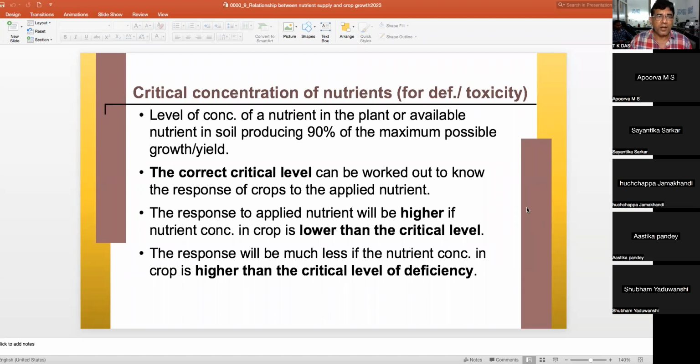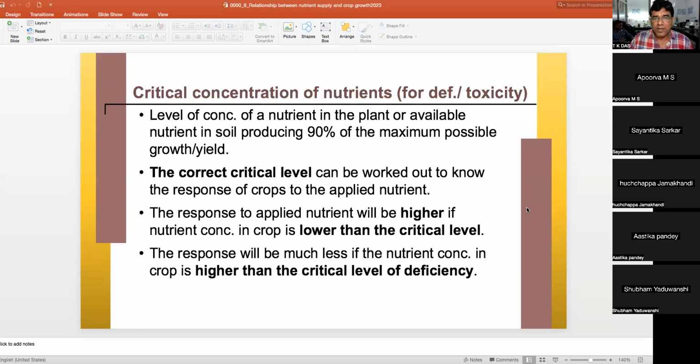At that particular level, you get the maximum possible yield. So the concentration of nutrient in soil or plant where you get 10% reduction in yield, that is your critical concentration for deficiency, or maybe for toxicity also, either in soil or in plant. That is your critical concentration.